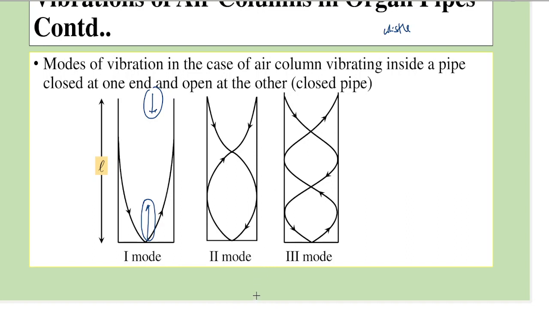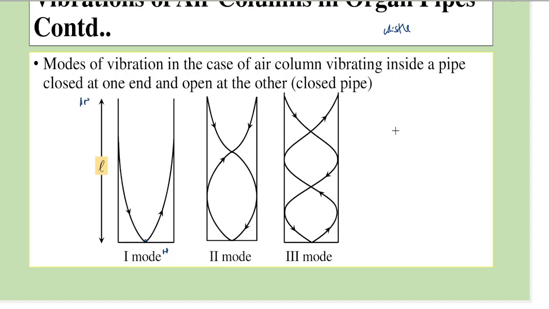The simplest possible case is where there is only a part of a loop. Now in this case of a closed pipe, the closed end would be a node. The open end cannot be a node, it will be an antinode.